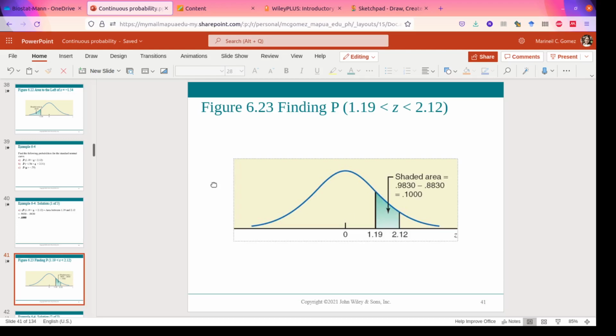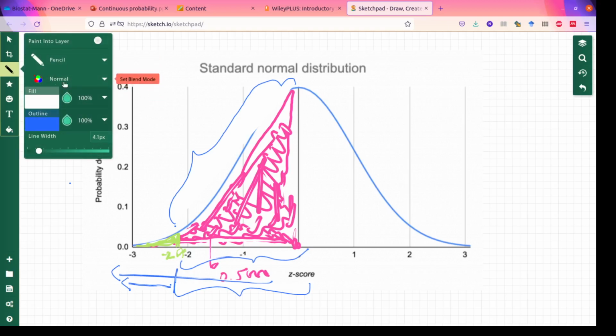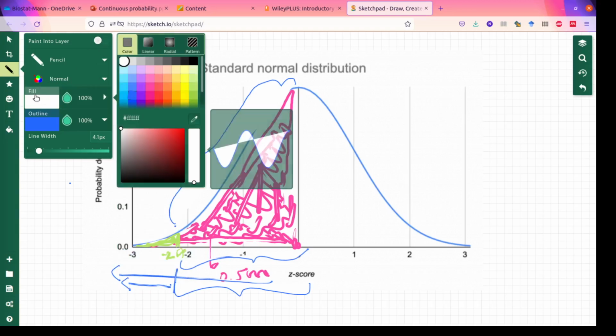So to get this shaded area, again, we need to look at the values. So let me just erase this one first. I don't want to do any fills.